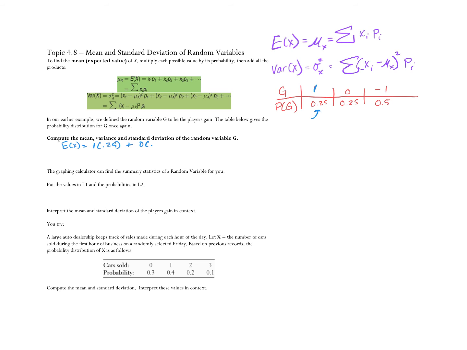So you're just going to take each outcome times its probability and add them all together.